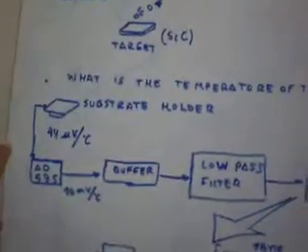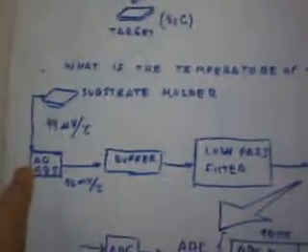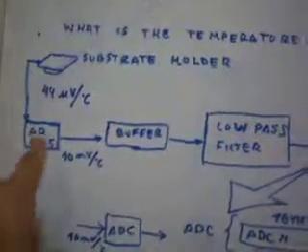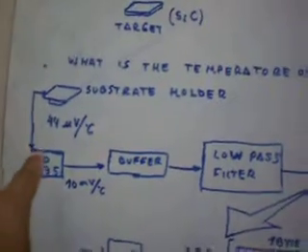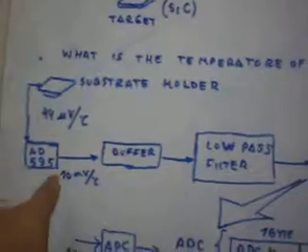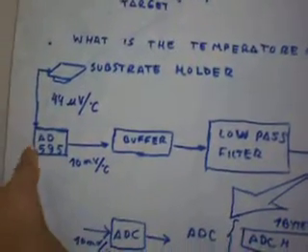Okay, this was made by this design. We are going to put the thermocouple. This is the thermocouple, next to the substrate, inside the chamber. The scale of this thermocouple is just around 44 microvolts per degree Celsius.